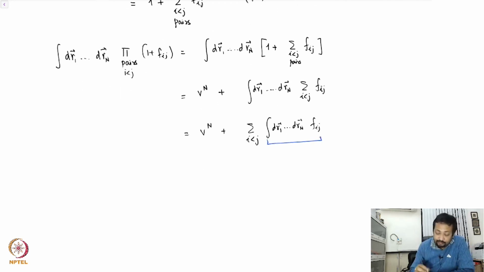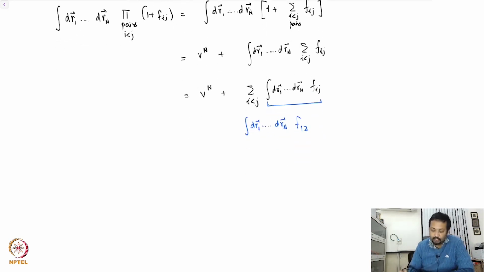just look at, if I write down the sum explicitly and I pick up only one term, this means let's say I have the integral dr1 through drn of f of 1, 2. So you're looking at r1 and r2, particle number 1 and its interaction with particle number 2.